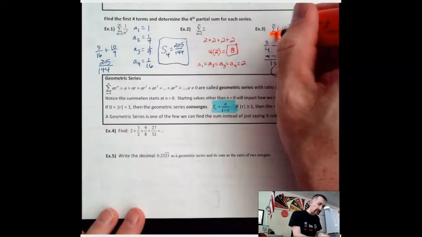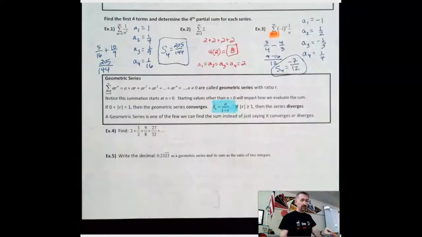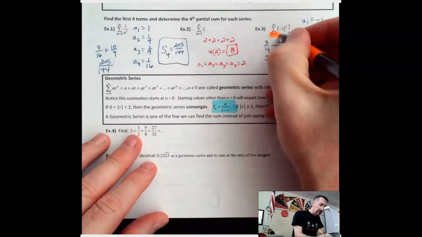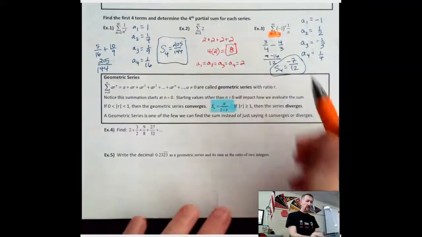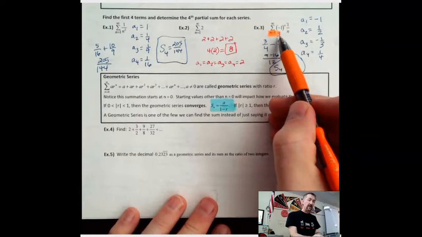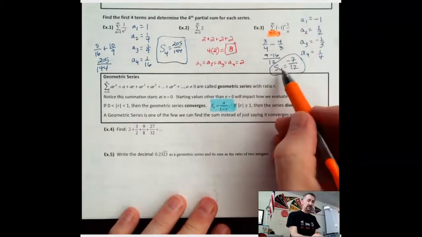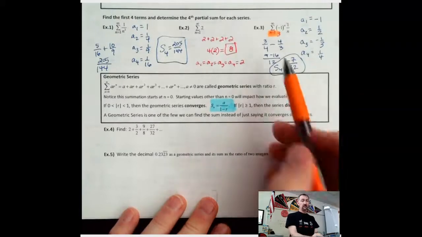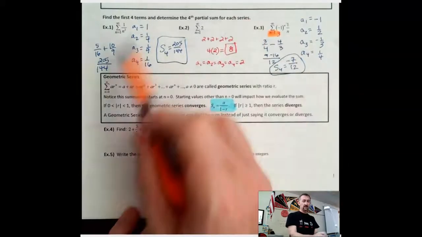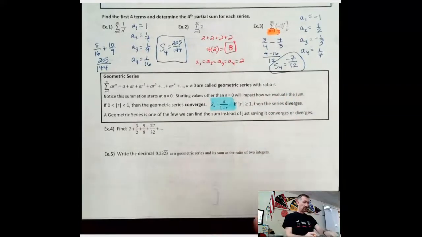You don't highlight this, that's just for me. So just to show that it can start at a different number, I'm going to do that. Now, even if that was starting at 3 and we were finding the first 4 terms, the partial sum would still be 4 of the 4 terms that we found.